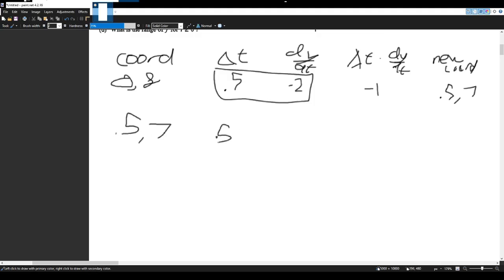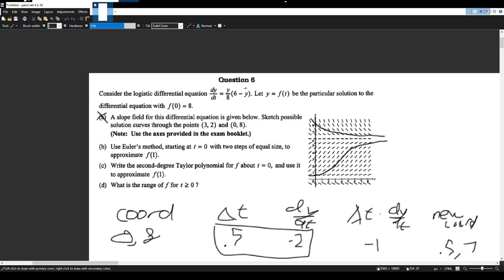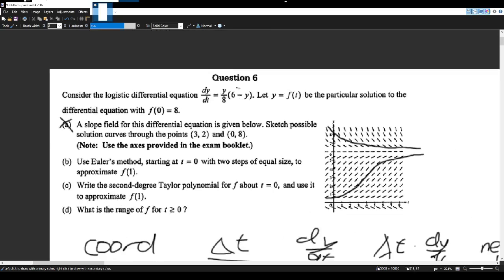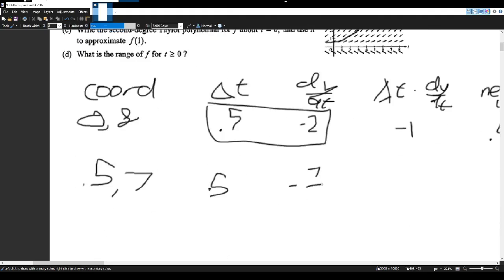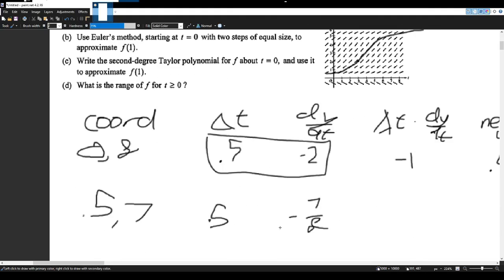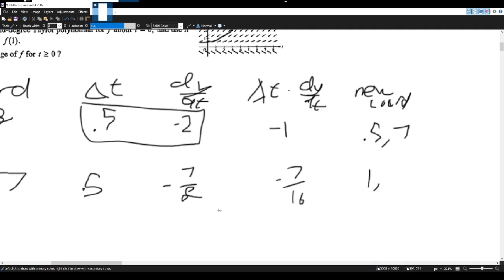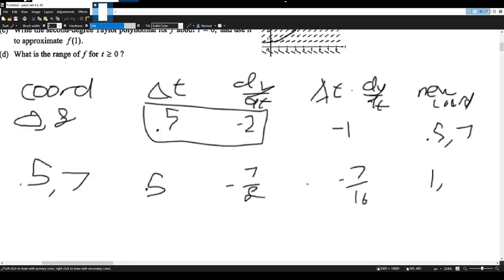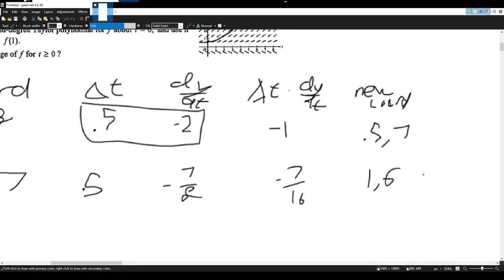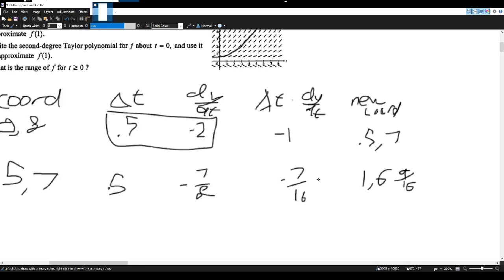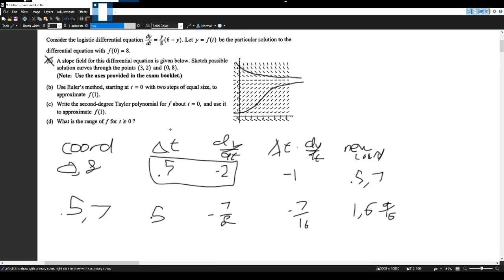Delta t is still 0.5. Now we plug 7 in, so it'll be 7 over 8 times (6 minus 7). 6 minus 7 is negative 1, so this is negative 7 over 8. Multiplied by 0.5, that's negative 7 over 16. And then 7 minus 7 over 16 will be 6 and 9 over 16. I don't know how they feel about mixed fractions, but I feel like it's easier for this problem. So this is our approximation.